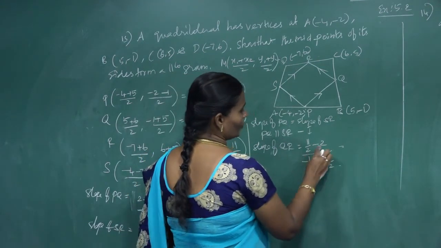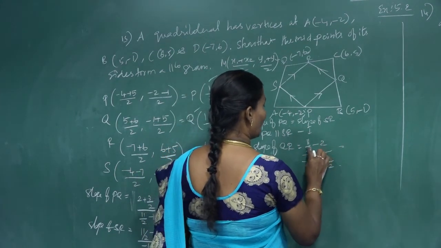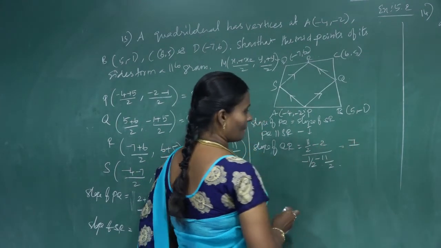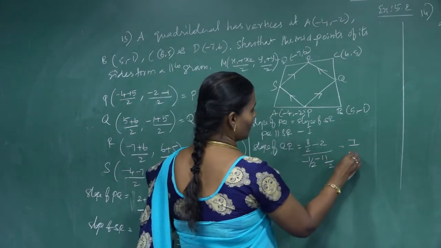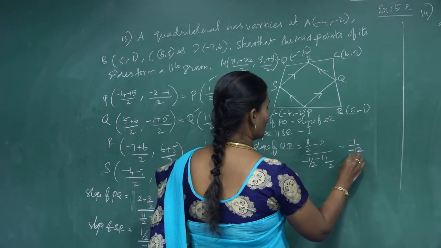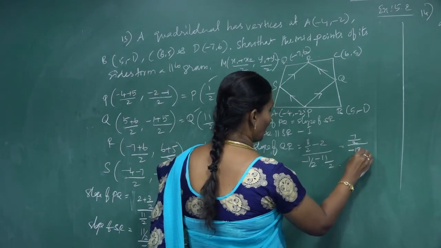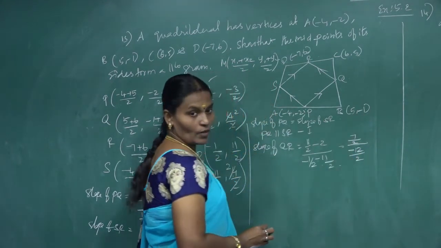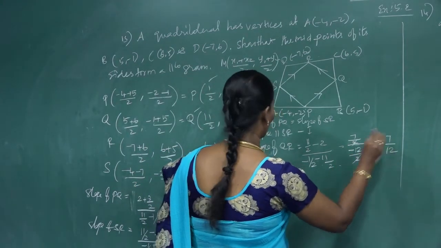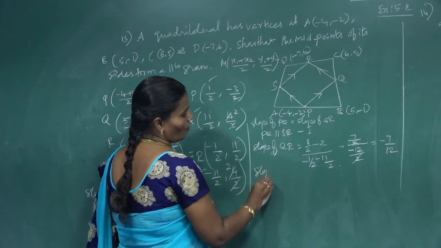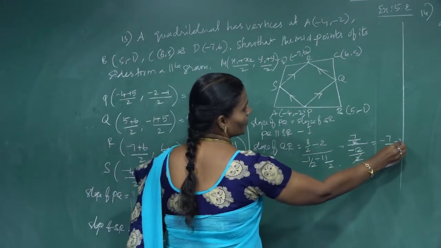So here do the cross multiply. 2 twos are 4. 11 minus 4 is 7. Okay. So 7 here. The minus 1 minus 11, that is minus 12. So 7 by 2 by minus 12 by 2. This 2 cancels, so minus 7 by 12. Then slope of QR is this one. So you consider this as equation 3.